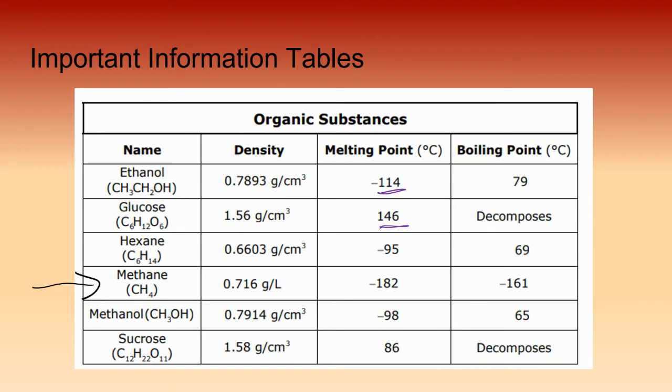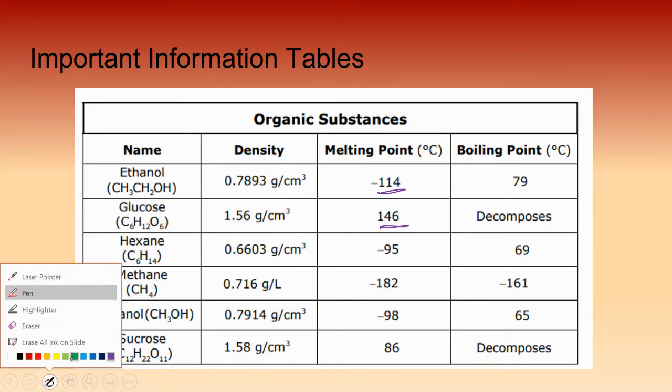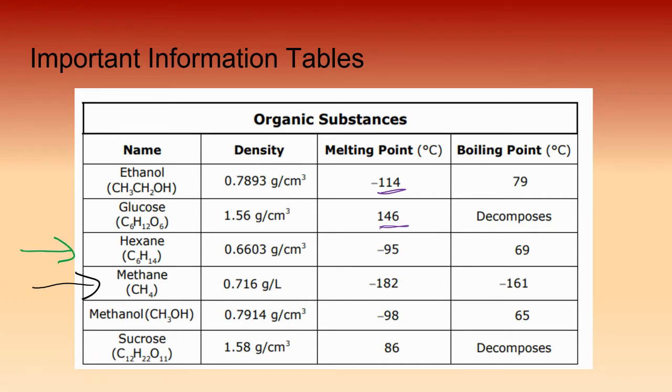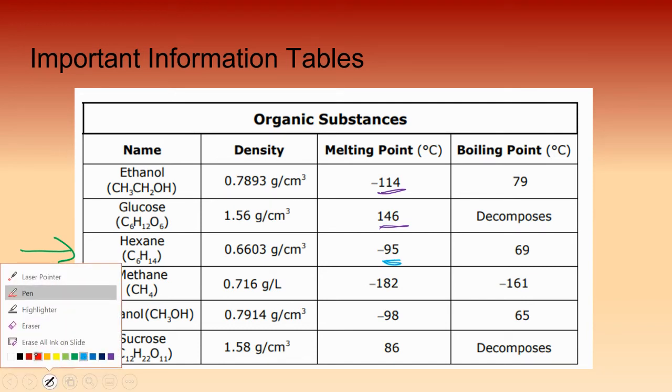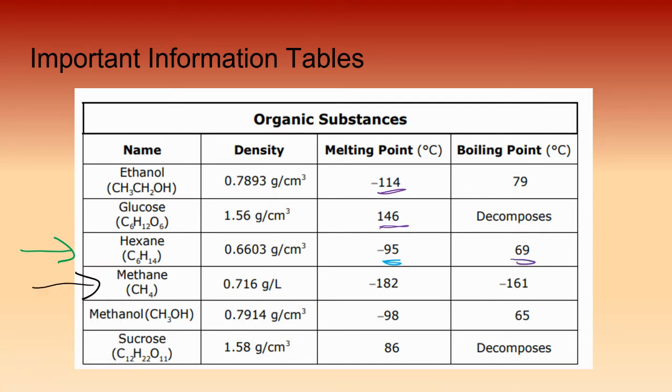And then the other thing, so if we were to look at, say, hexane, all right, so let's take a look at hexane here. So hexane has a melting point. That first point would be at negative 95, and then that second point would be at 69.